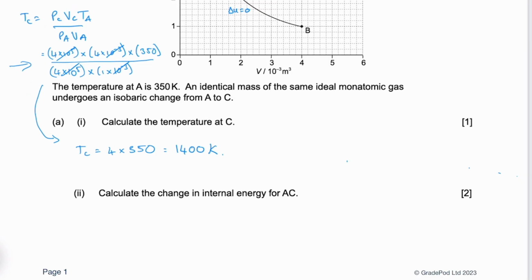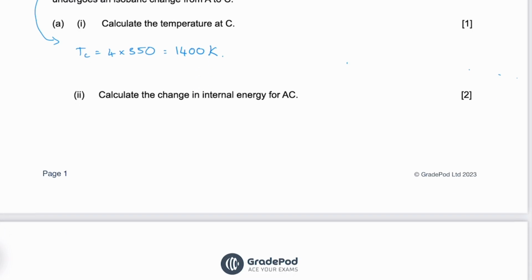2. Calculate the change in internal energy for AC. The change in internal energy is equal to 3 over 2 nR delta T. We've got delta T now, because we know the change in temperature is 1400 minus 350. However, what we don't have is nR, but we can find it because PV equals nRT, so PV over T equals nR, and we have all that data.